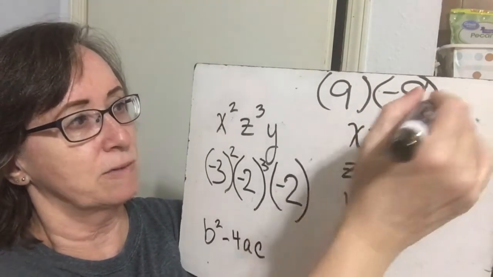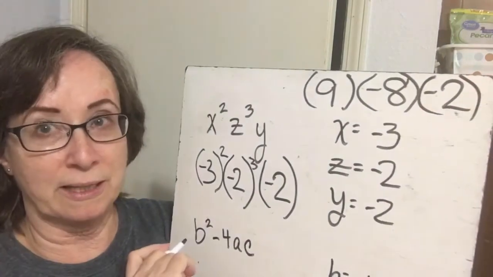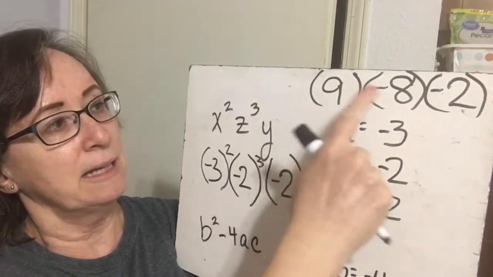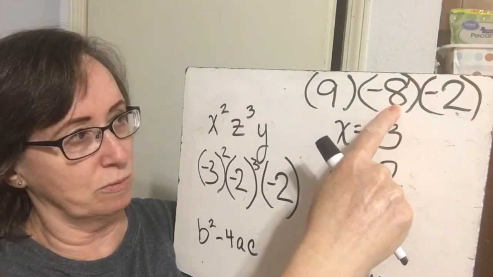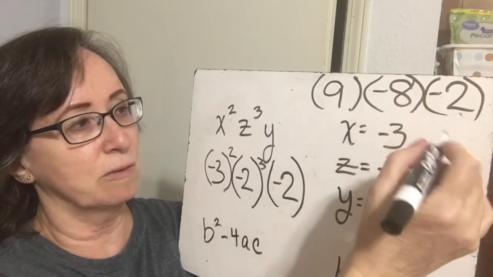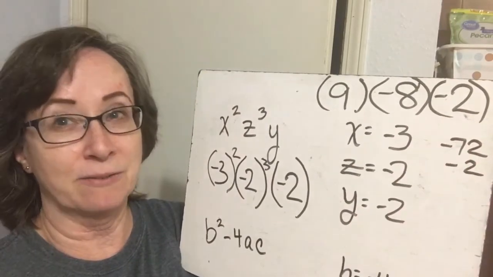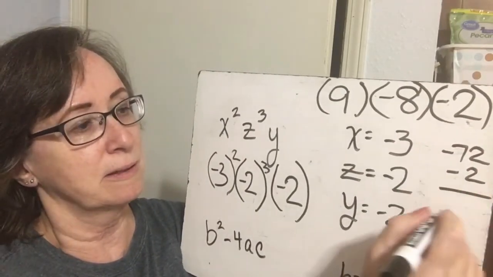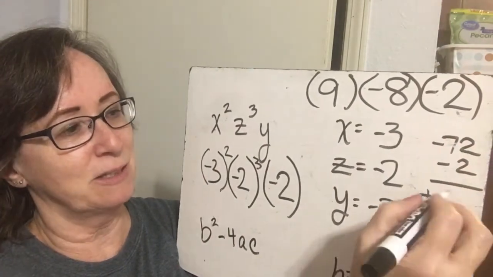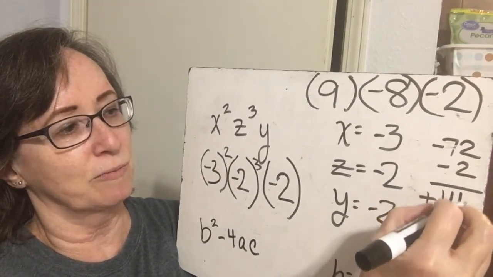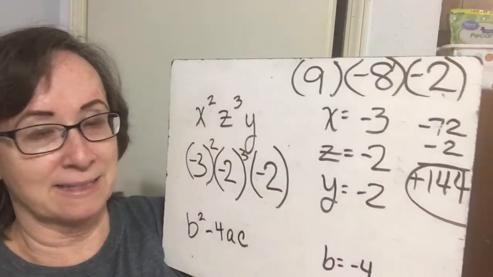And the negative 2, these are all factors multiplied together to give us 9 times a negative 8. It's going to be a negative 72 times a negative 2. Negative times negative is positive. And we're going to get a doubling of 72, which would be 144. So 144 is the answer.